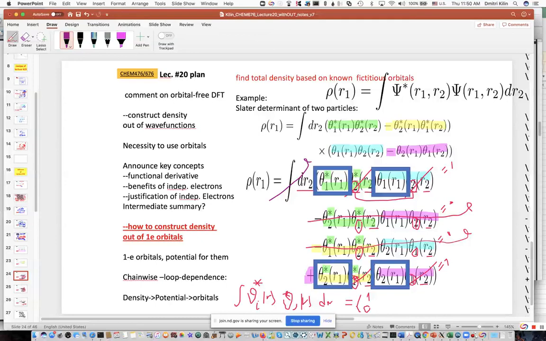We explore these orbitals in the point of space corresponding to our independent variable R1, and we add together probability distributions contributed by first and second, and so as many orbitals as we have in this Slater determinant.